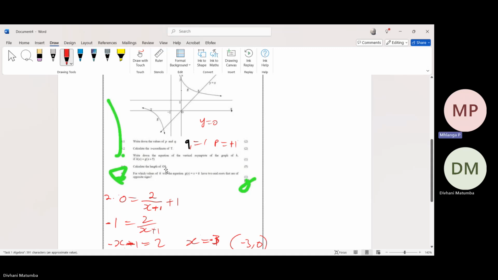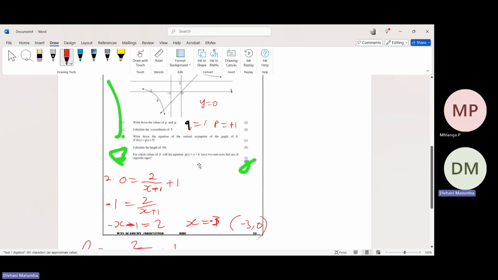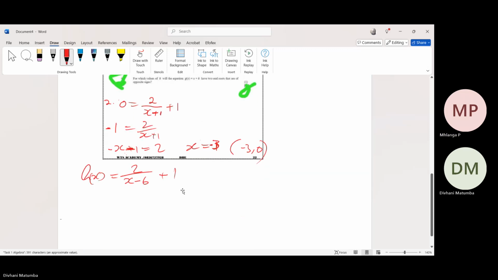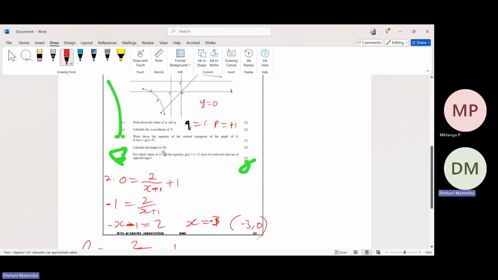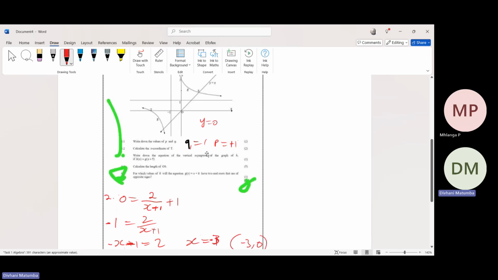Yes, I do. Okay, now they say, actually not minus, it's a plus. Calculate the length of OS.